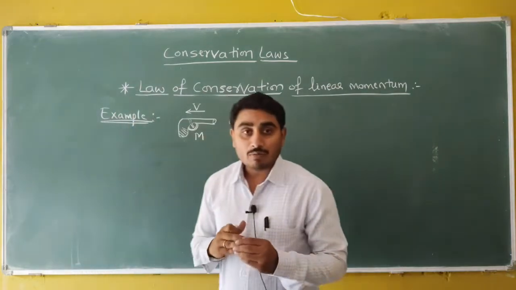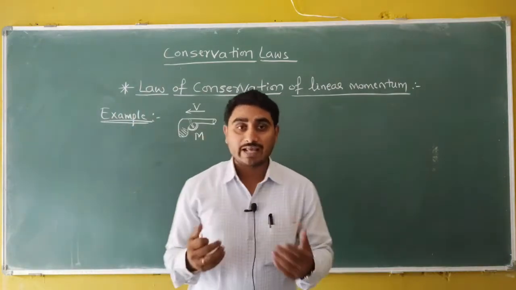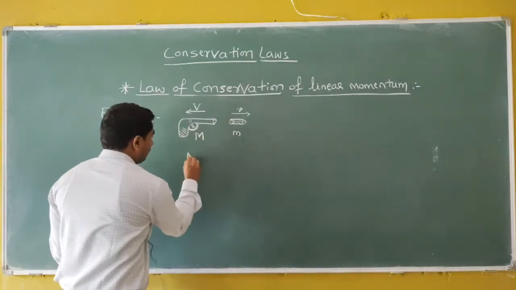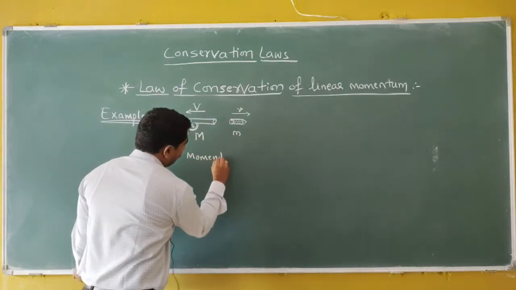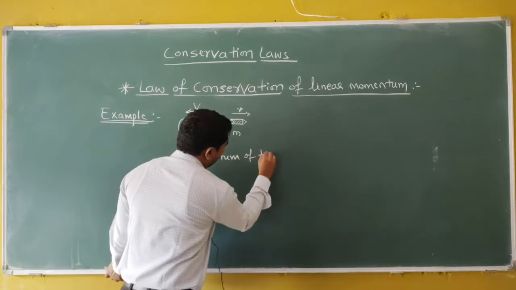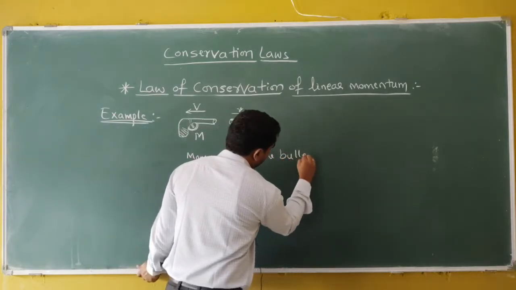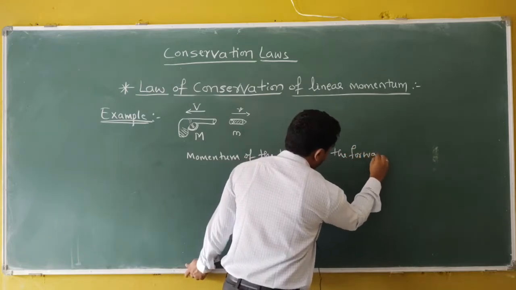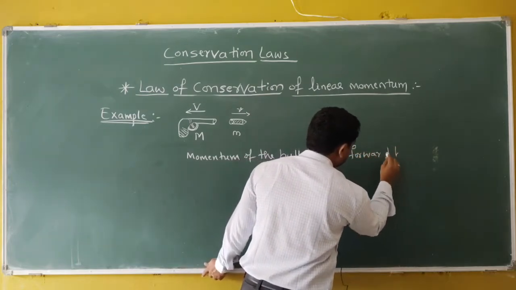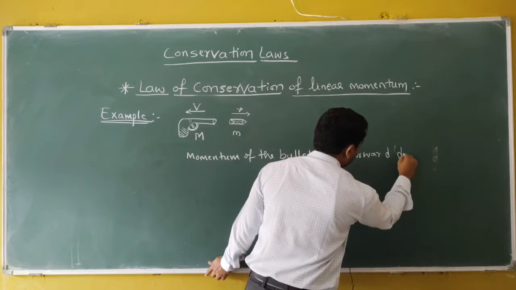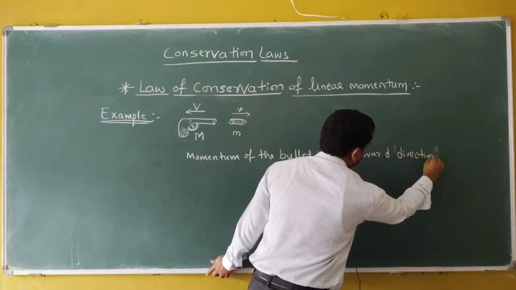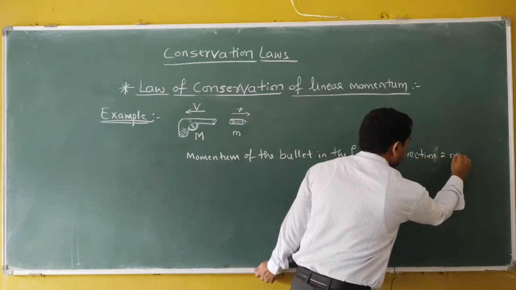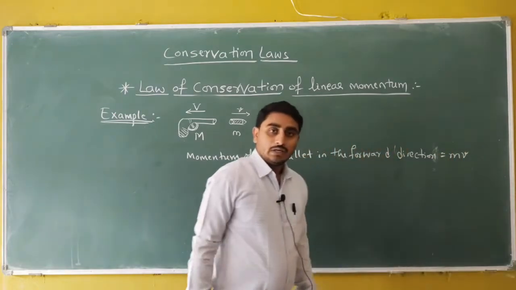Now the momentum of the bullet in the forward direction, that is mv, right?